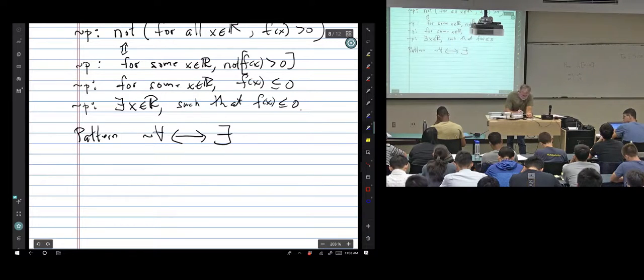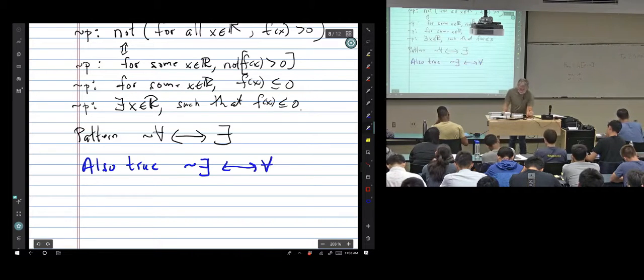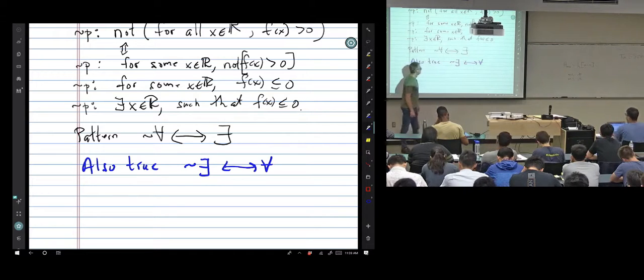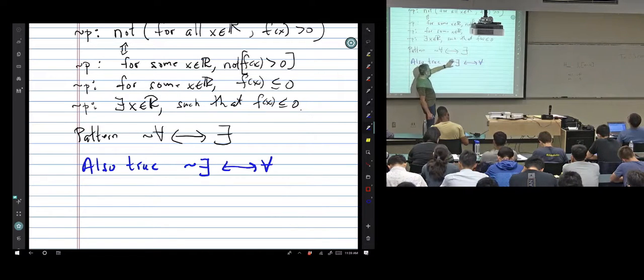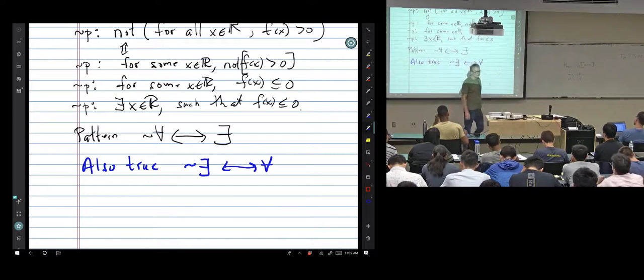Also true, not there exists goes to every. There does not exist this such that something is true means for everything it is false. Okay.